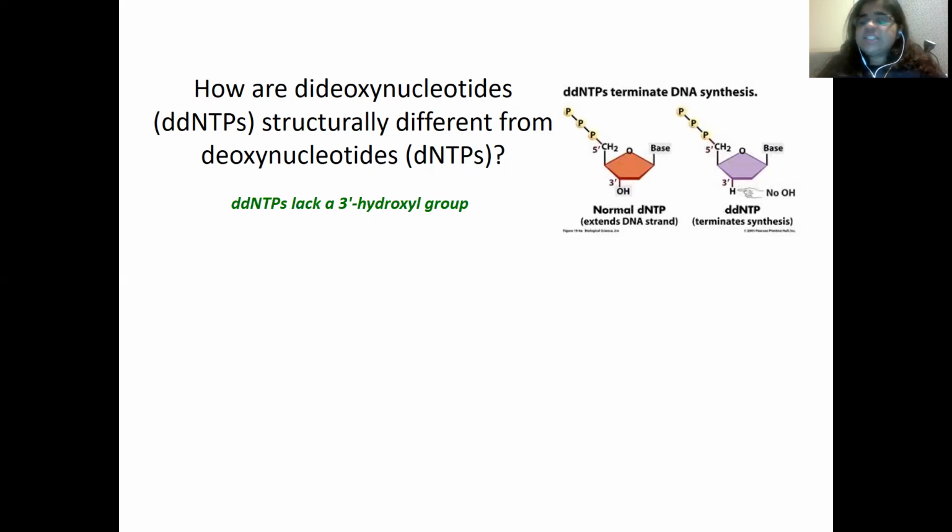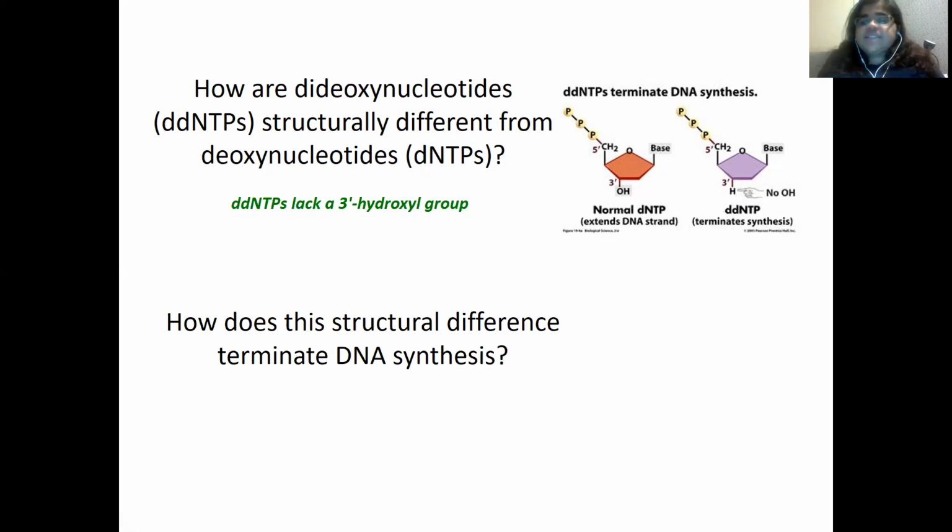So essentially, dideoxynucleotides lack this. Remember how our sugars have this hydroxyl group, right? This is the main one for deoxyribose. In this case, the ddNTP does not have the hydroxyl group here on the 3' carbon.